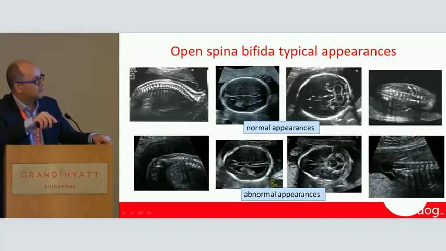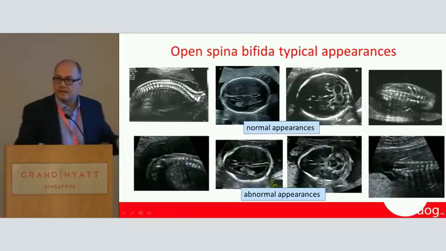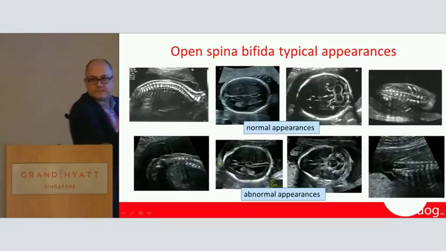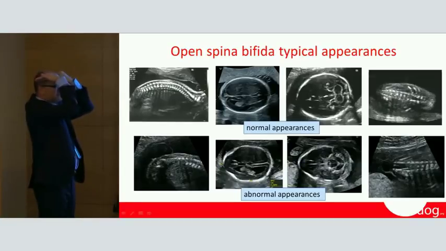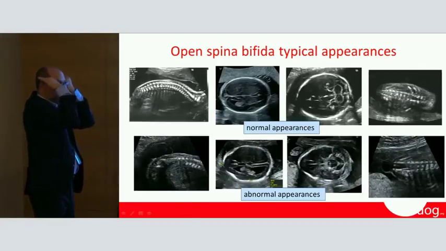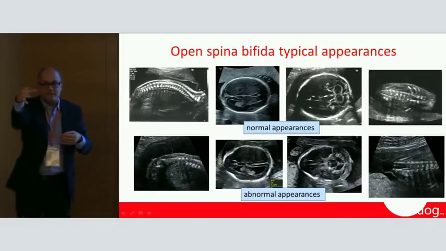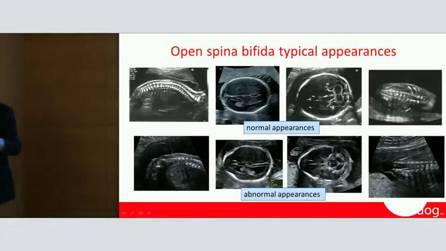This is a normal cerebellum. Can you see it? Cerebellum is a little bit lower than the head circumference, and it's tilted backwards. So this is your head circumference, and you tilt your probe backwards, and you see the cerebellum. You tilt forward, you see the eyes. You tilt backwards, you see the cerebellum. Okay? Rotation of the probe.